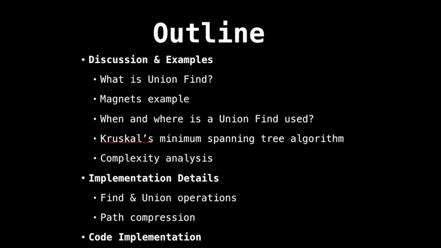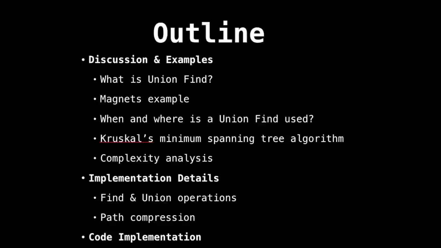First, I'll be going over a motivating example with magnets, just to illustrate how useful the union find can be. Then we'll go over a classic example of an algorithm which uses the union find, specifically Kruskal's minimum spanning tree algorithm, which is very elegant, and you'll see why it needs the union find to get the complexity it has.